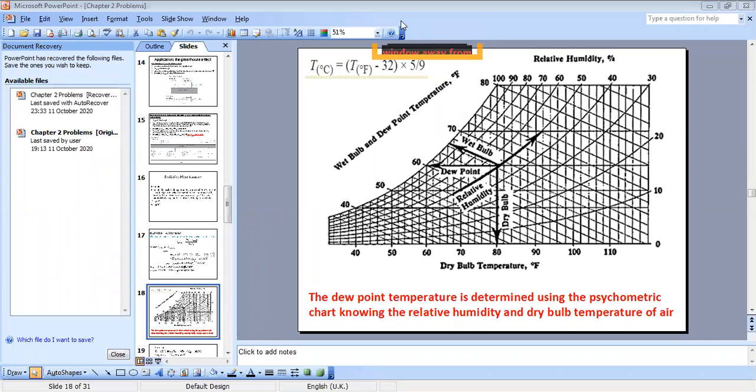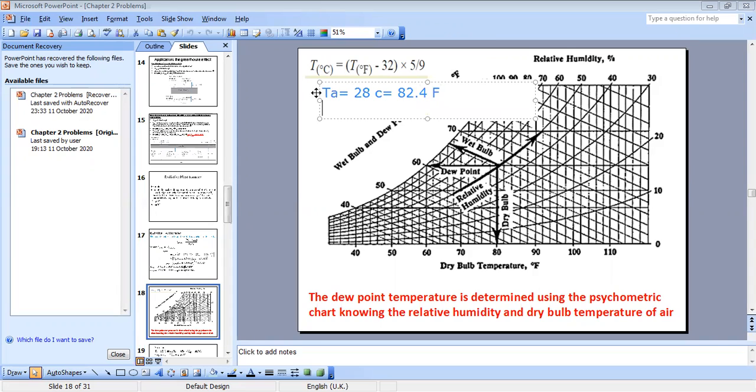In this problem, the two properties I know are that T of A, the temperature of air, is equal to 28 degrees, which corresponds to 82.4 Fahrenheit. And the second property is that the relative humidity is 70%.